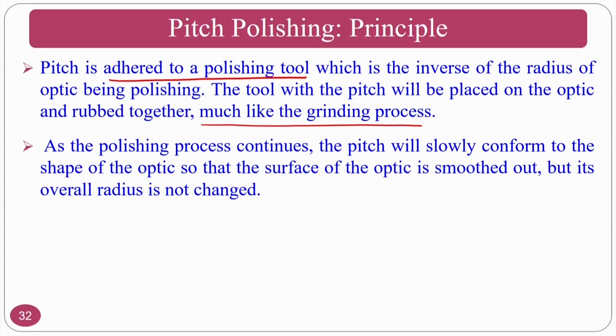As the polishing process continues, the pitch slowly conforms to the shape of the optic, so that the surface of the optic is smoothed out and the overall radius is not changed. That means this pitch is initially at room temperature, it may be a bit highly viscous. As you increase the temperature, the sensitiveness will increase.